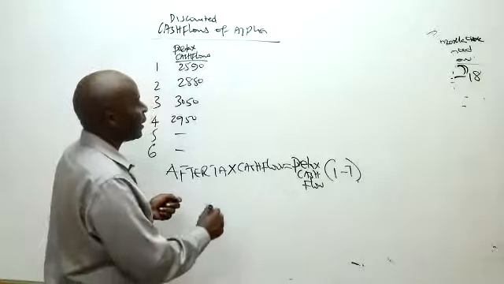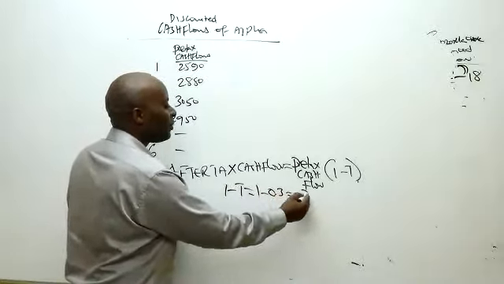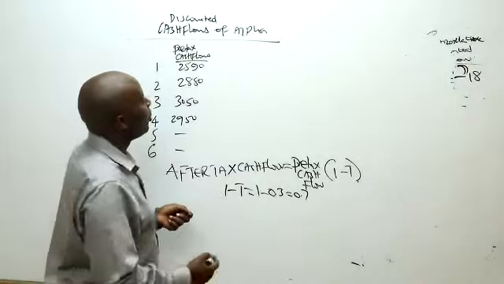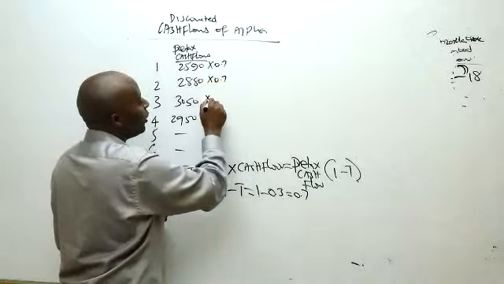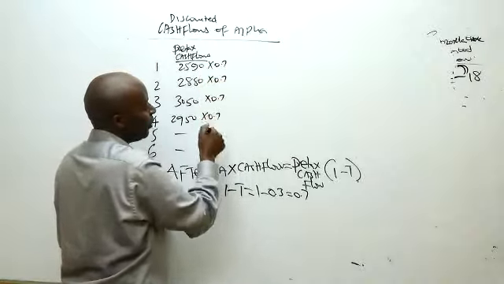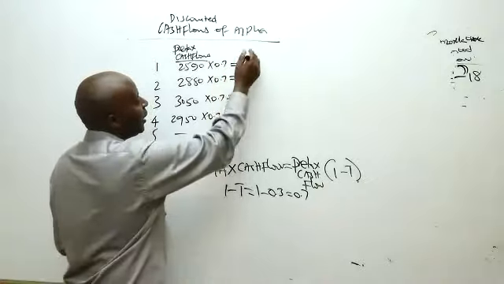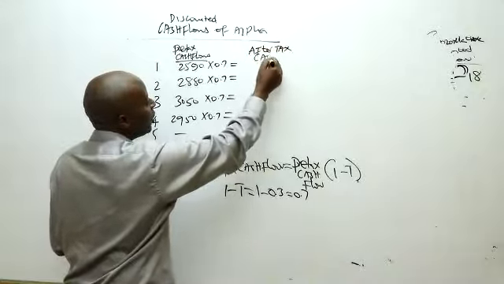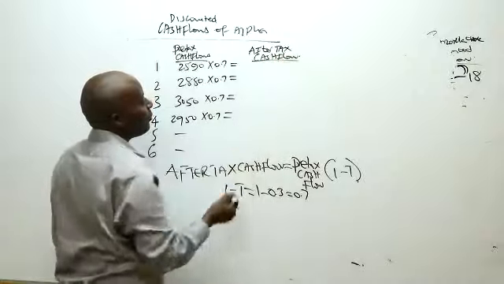So my 1 minus t will be 1 minus 0.3, which gives me 0.7. So what you need to do is to multiply these figures by 0.7, for you to be able to get the after-tax cash flow.